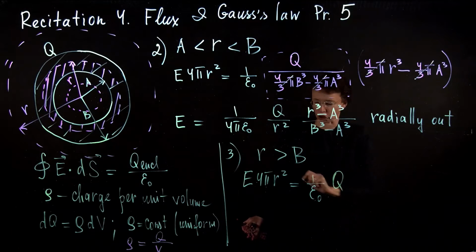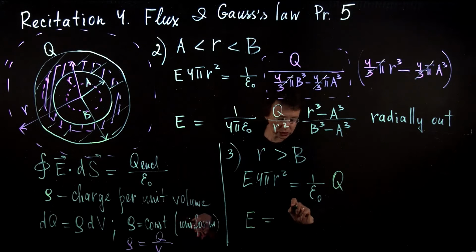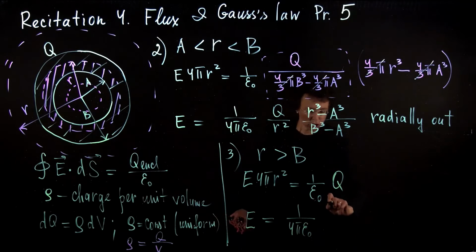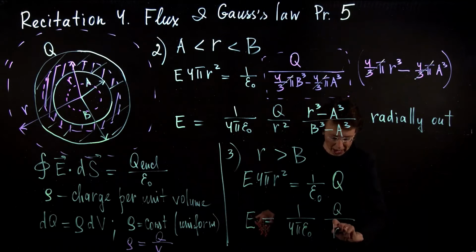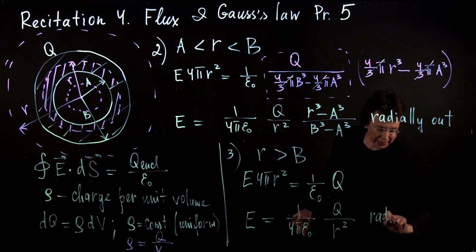So I put charge Q. And then the electric field E is 1 over 4 pi epsilon naught, Q over R squared, and the direction is radially out.